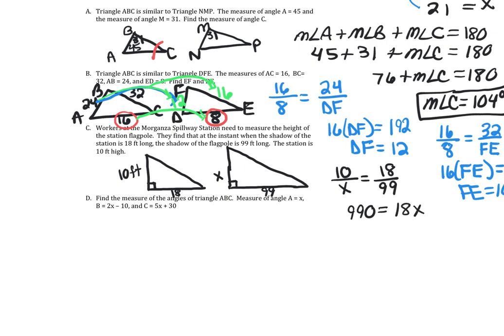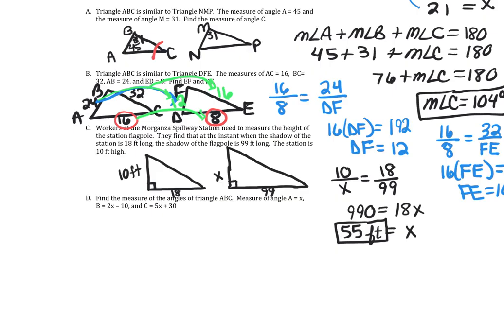We're going to go ahead and take that 990 and divide it by 18. And that measure is 55. So that's our answer. We have 55 feet. That's how tall that flagpole is.